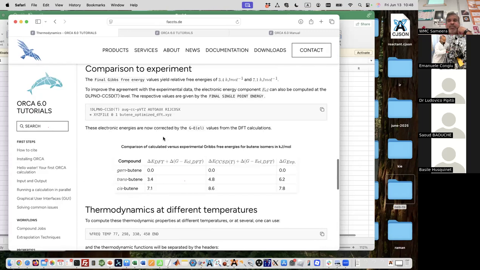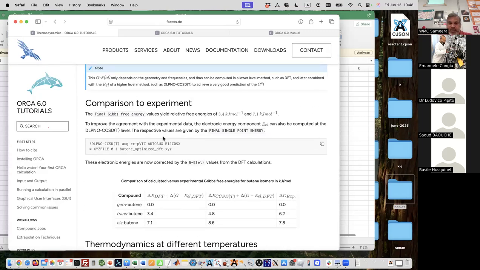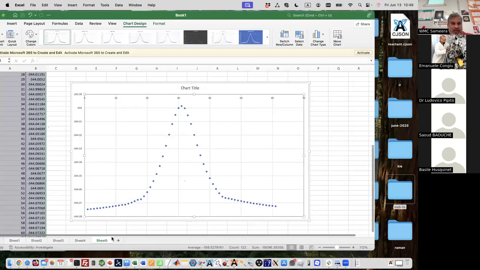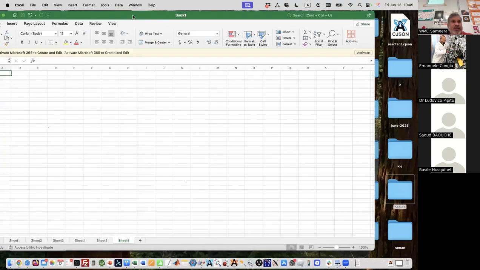but if you want to look at the energy terms, let's look at a simple example.